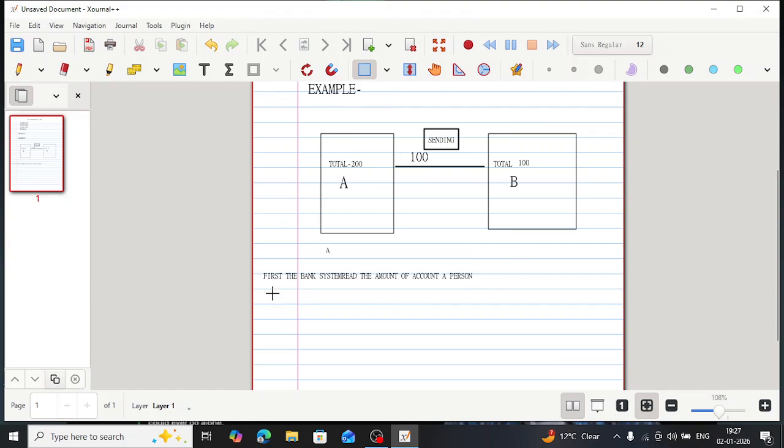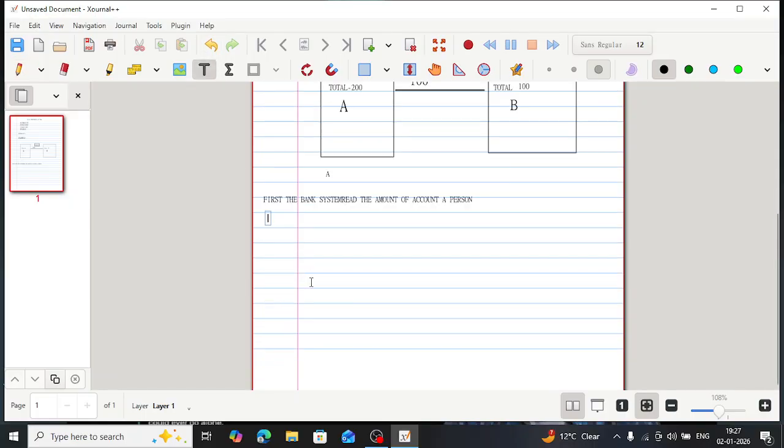Then in the second step, this is not accurate, but for understanding we use this example.